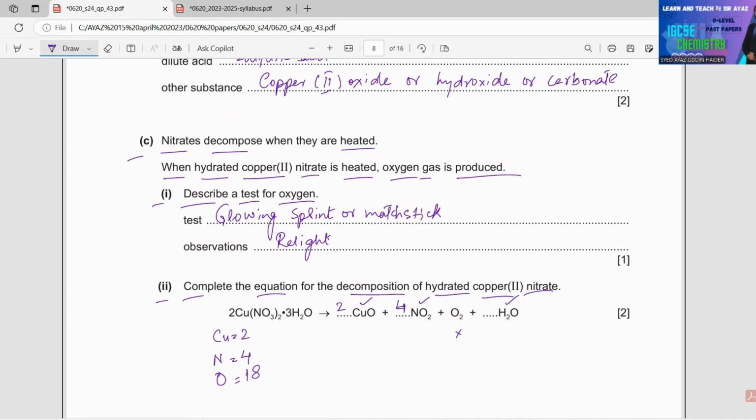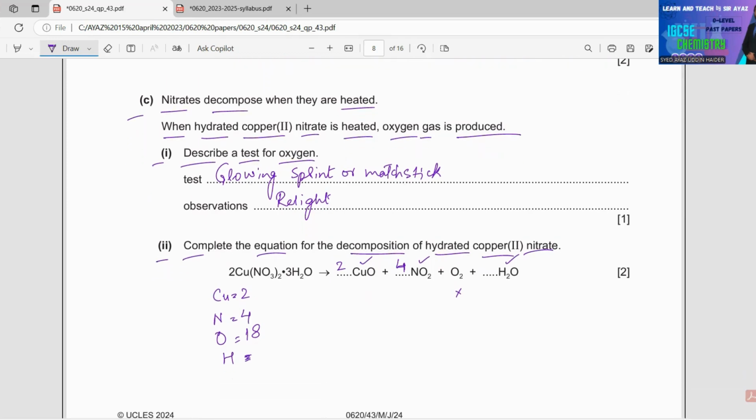Now I need to balance water. Let's see hydrogen on the reactant side. 3 twos are 6, 6 twos are 12. So we have 12 hydrogen, so I have to write 6 before H2O. Now let's see whether this is a balanced equation or not. Copper, is it balanced? Yes, 2 and 2.